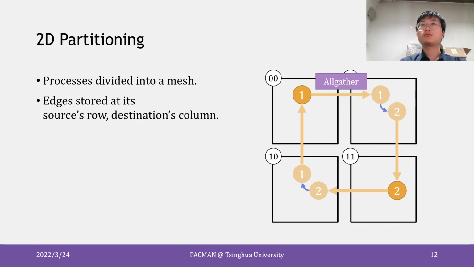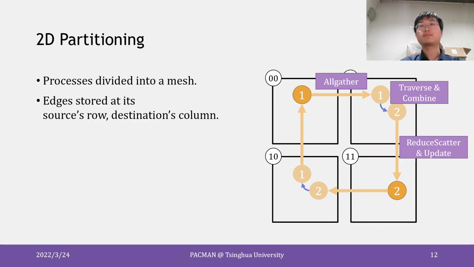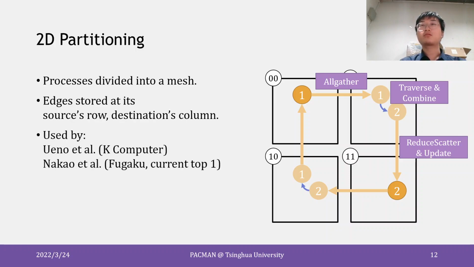Then the cross-point node goes through the edges and combines the messages into one. Finally, the edges get reduced on the column via a collective reduce-scatter, the result of which is used to update the destination vertices. This method on the Graph 500 list is mostly used by the Ueno team on K-Computer and Fugaku.